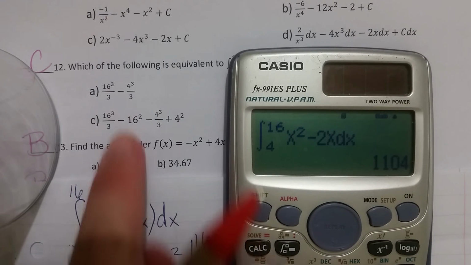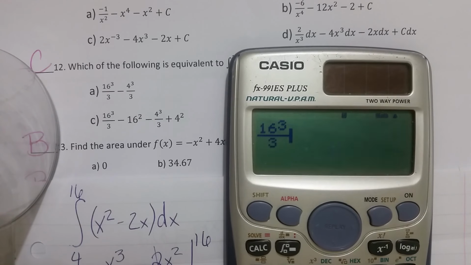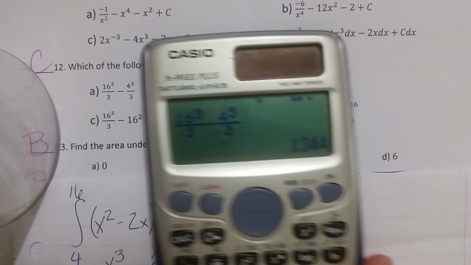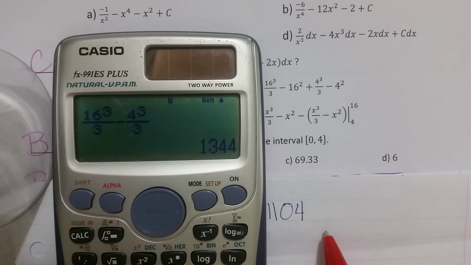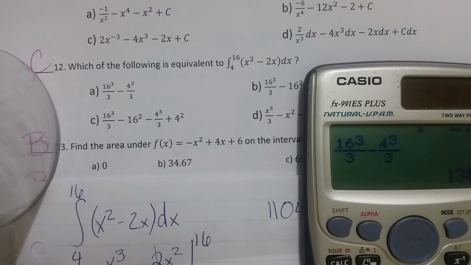And what you'll notice is, for example, if you think this is your answer, 16 cubed over 3 minus 4 cubed over 3, that doesn't equal 1104. So you know that one's not the same.